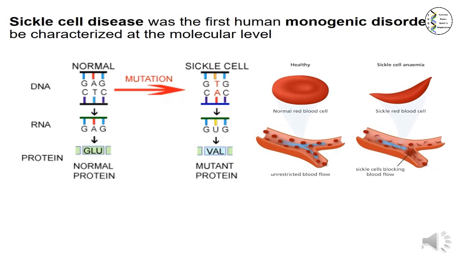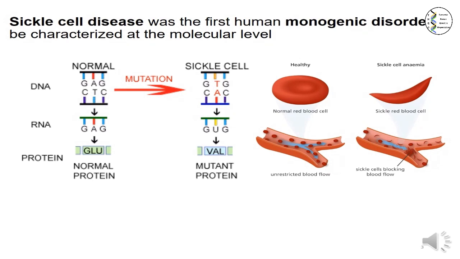This produces a mutant globin protein, and glutamic acid is a hydrophilic amino acid, and valine is a hydrophobic amino acid. So the abnormal hemoglobin in which valine has replaced glutamic acid causes the hemoglobin to be less soluble under hypoxic condition, and therefore this hemoglobin polymerizes into crystals that distort the red blood cells into sickle shape.